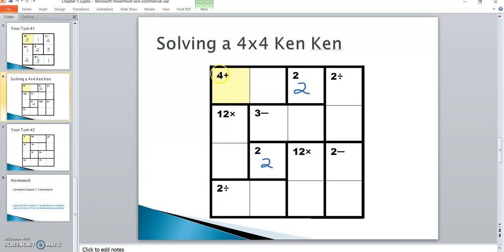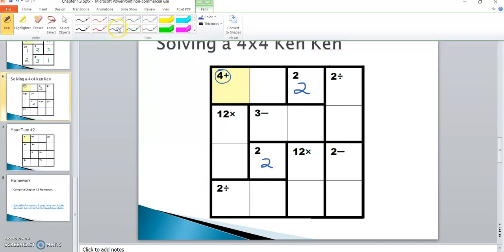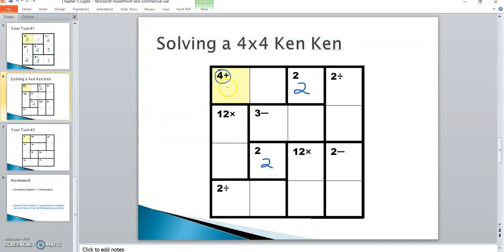But something that I do know is that in this one, my two numbers add up to 4. So of course I can't use a 2 and a 2 because that would be repeating, but I can use a 1 and a 3.